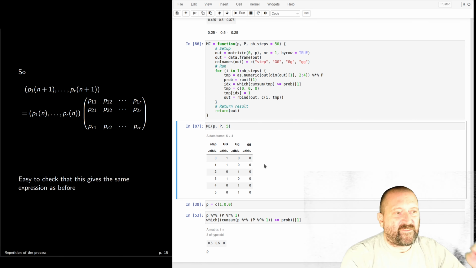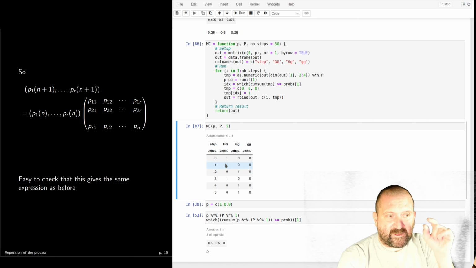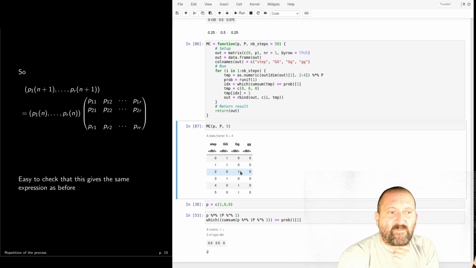In rows, you get the time step. Time step 0 is the initial time step, and that's where I'm giving it the vector 1, 0, 0. Then on the first time step, the chain has remained in the same place. On the second time step, it has moved to capital G, little g. Then it's moved back here. Then it's moved here, and so on and so forth.